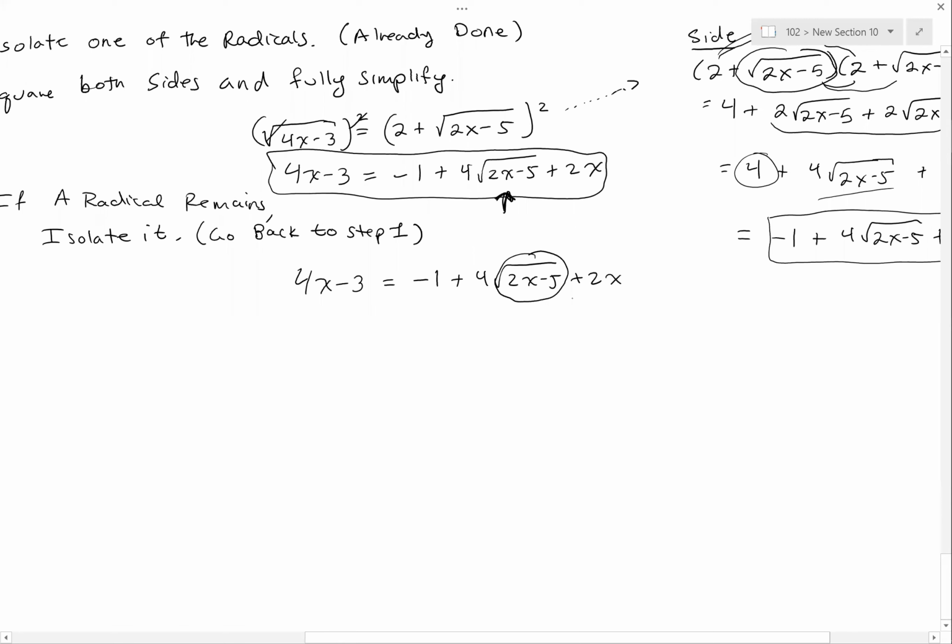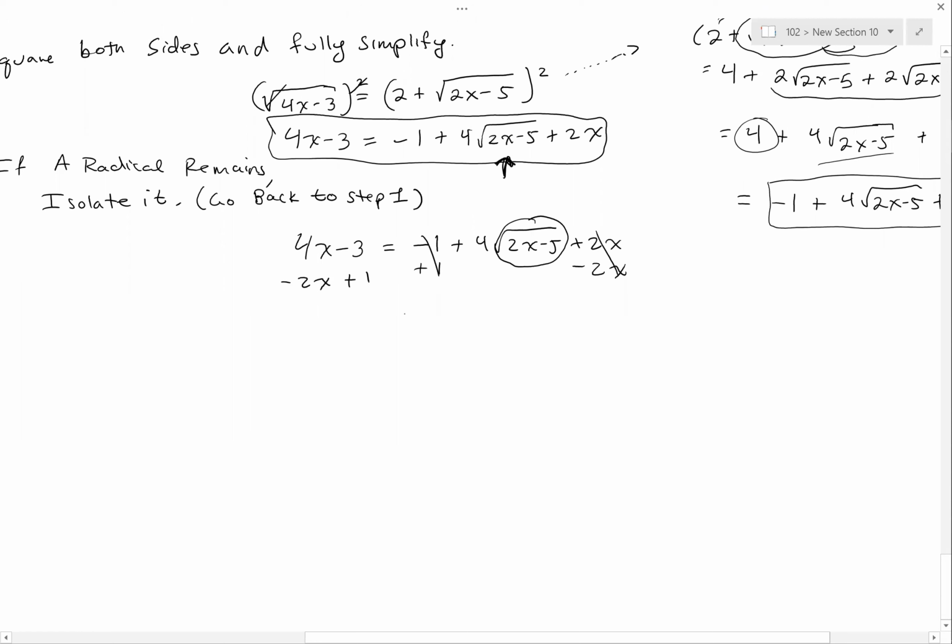So to do that, I'm going to subtract the 2x, and I'm going to add the 1 on both sides. This leaves me with 4 times the square root of 2x minus 5 on the right-hand side is equal to 2x minus 2.